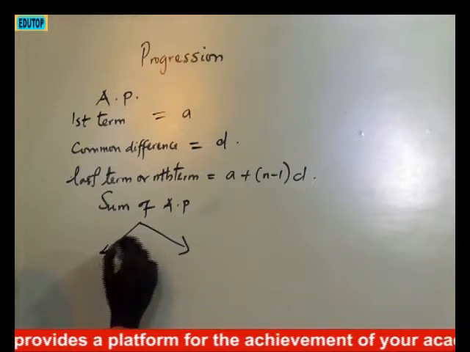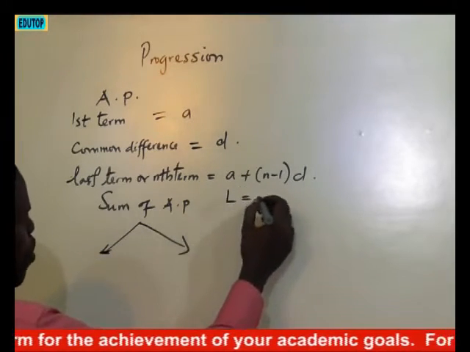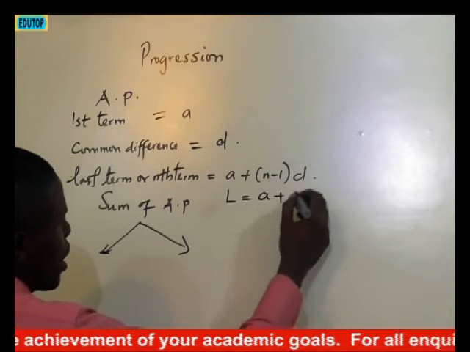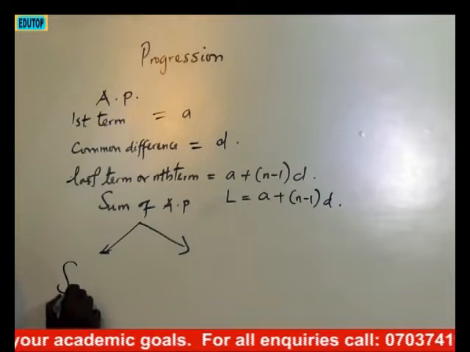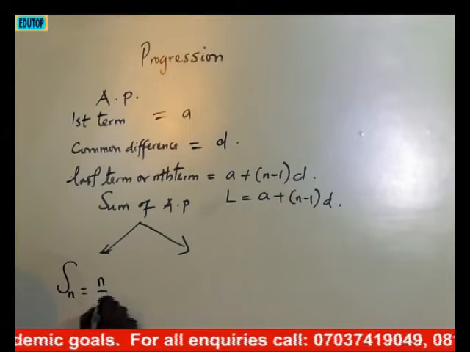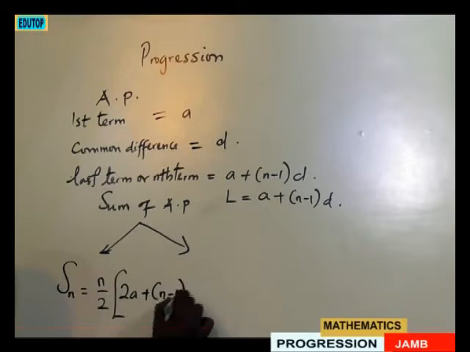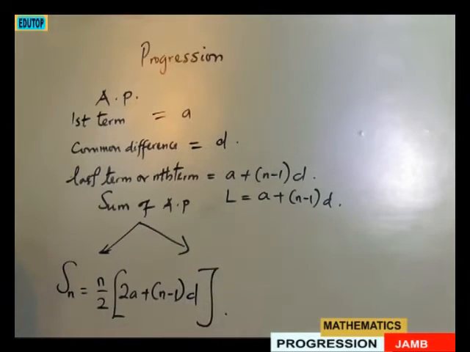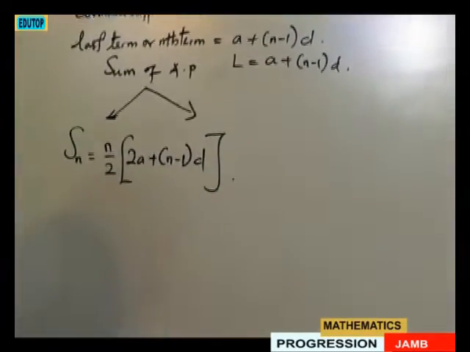The one having the last term is derived from the other one. Since we have L equals A plus n minus 1 D, the formula is Sn equals n over 2 into 2a plus n minus 1 d. So this is the formula for the sum of an AP.